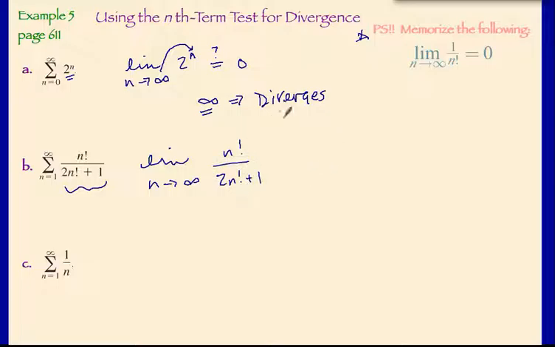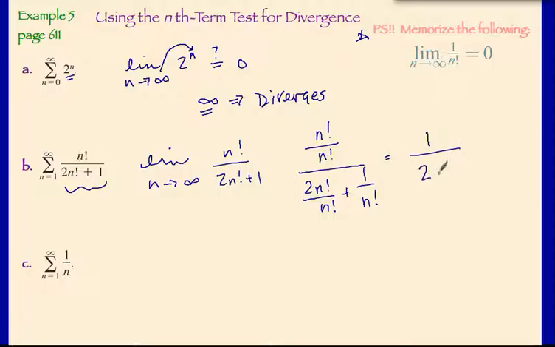Let's divide every term in this rational expression by n factorial. n factorial over n factorial over 2n factorial over n factorial plus 1 over n factorial. Just rewriting this by dividing by the factorial term gives us 1 over 2 plus 1 over n factorial.